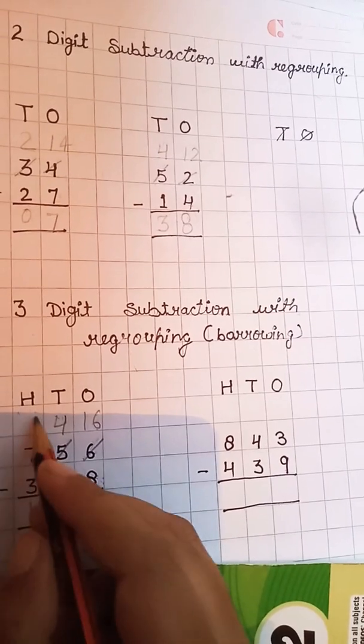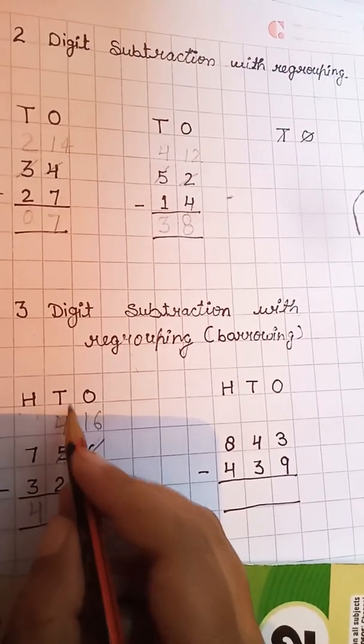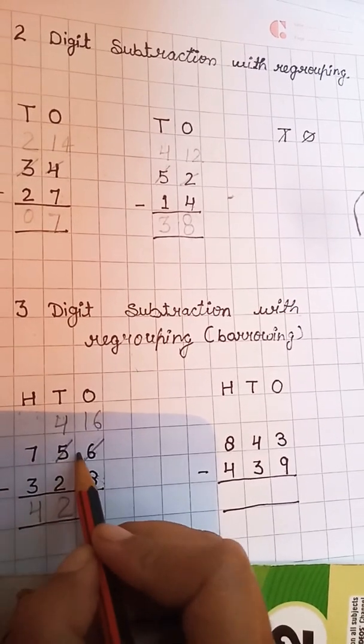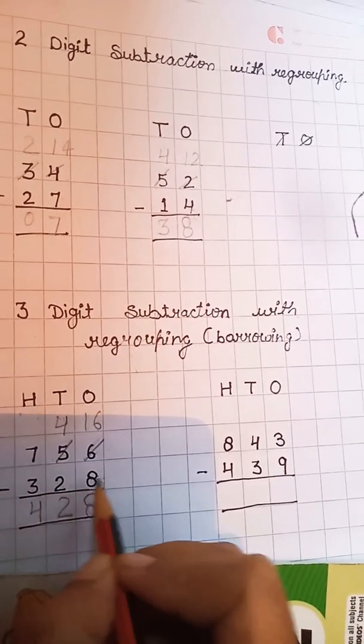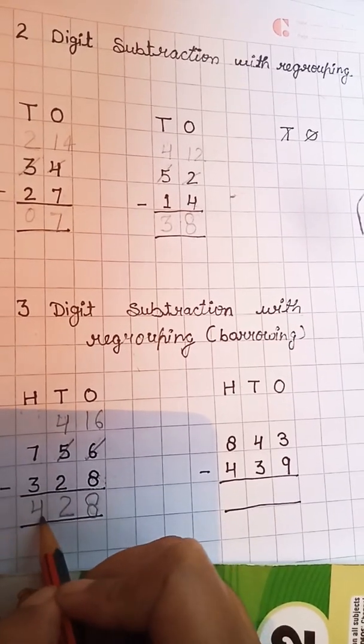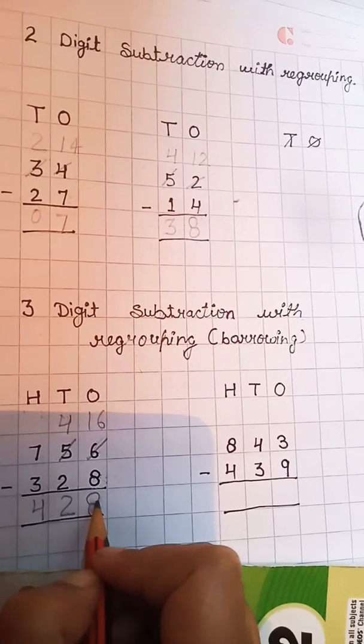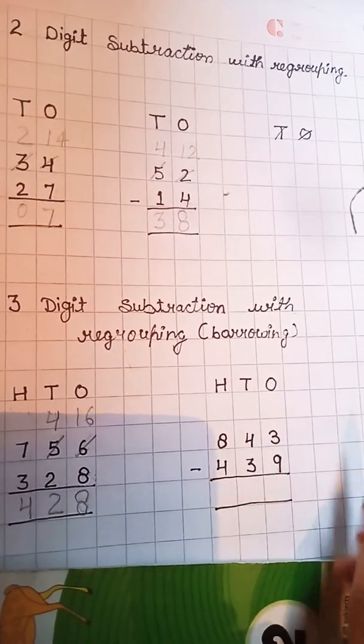This is the 400, 2 tens, 8 ones. So 756 minus 328 is equal to 428. Now let's solve this example.